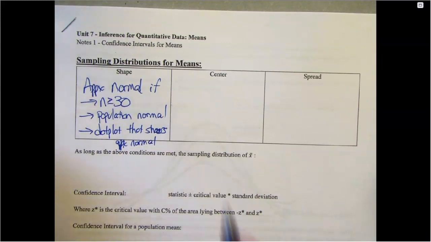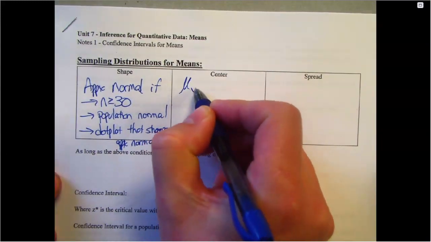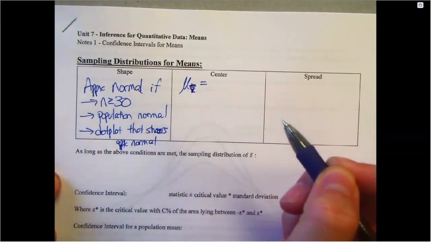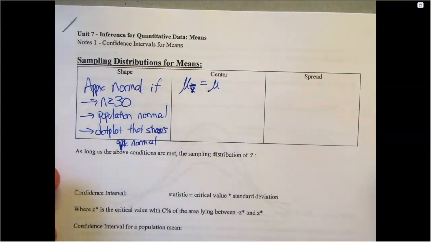Alright, the center, the mean of your sampling distribution, is the same as the mean of the population as long as what's true. Same thing for proportions.